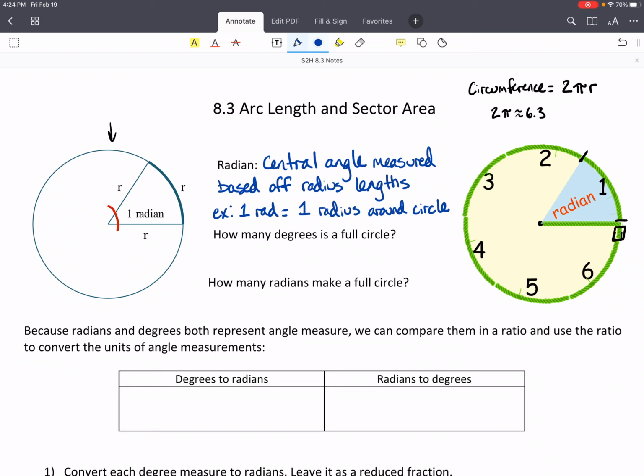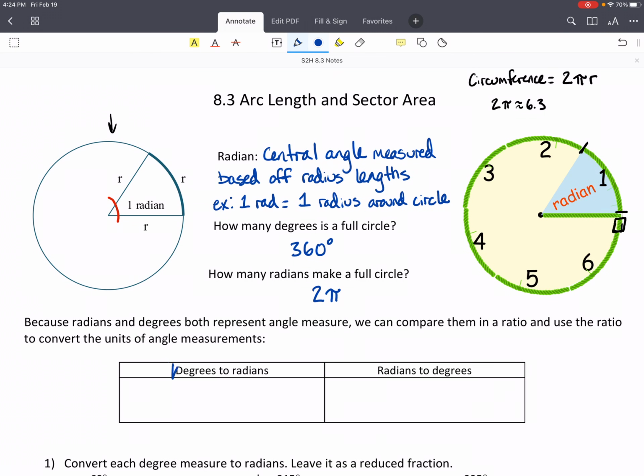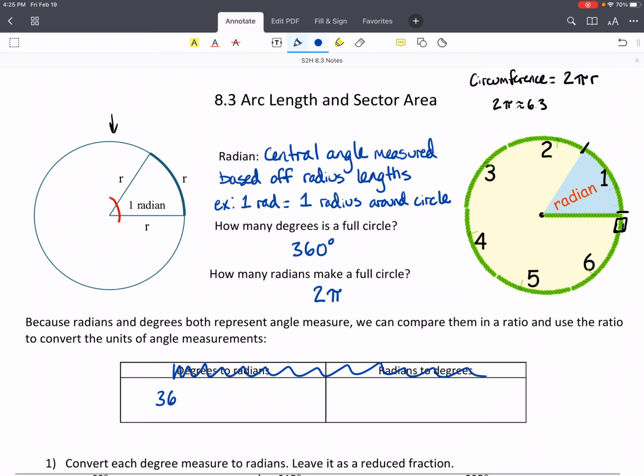So how many degrees is a full circle? 360. How many radians? How many radius lengths did it take to get around the circle? It was 2 pi. 2 pi radians and 360 degrees are both measurements of how we measure angles, so we can look at equivalent measures. 360 degrees equals 2 pi radians.